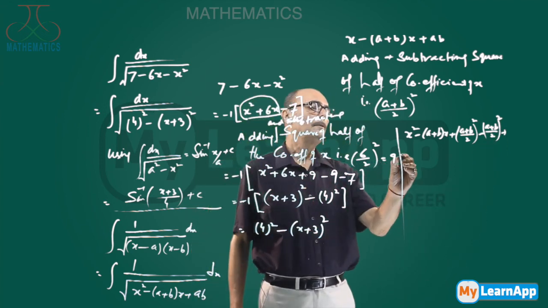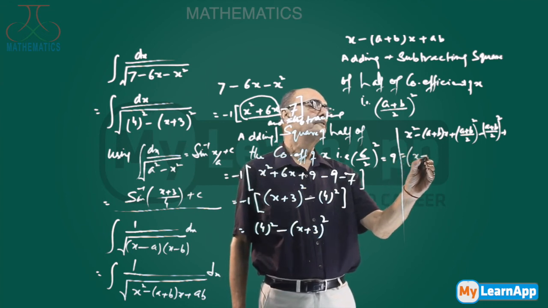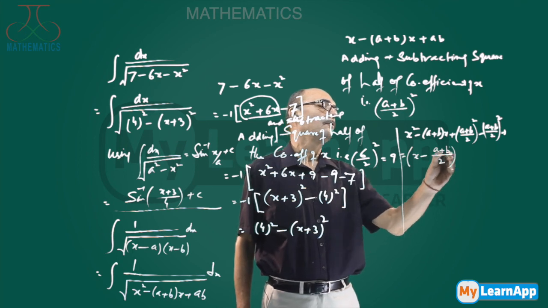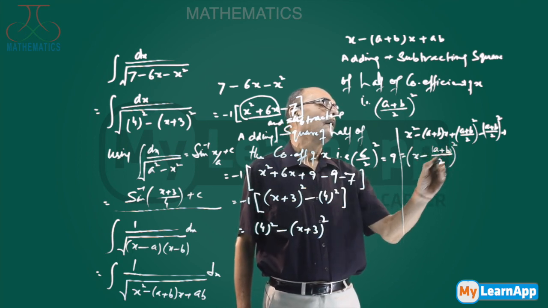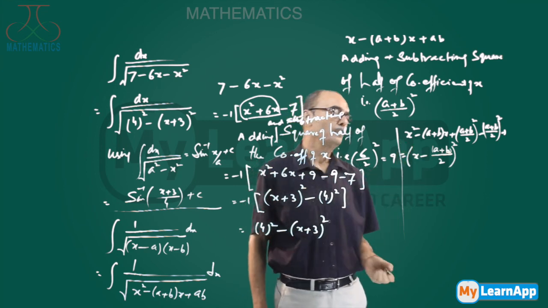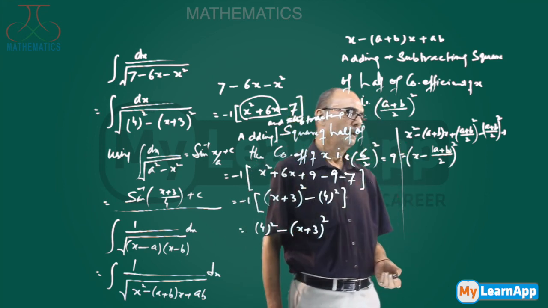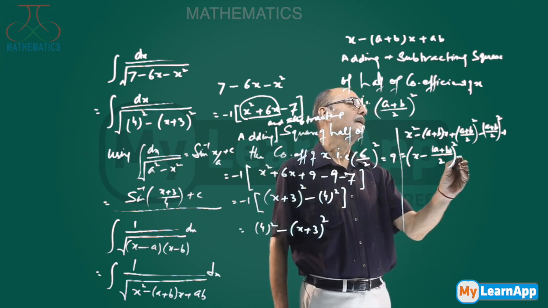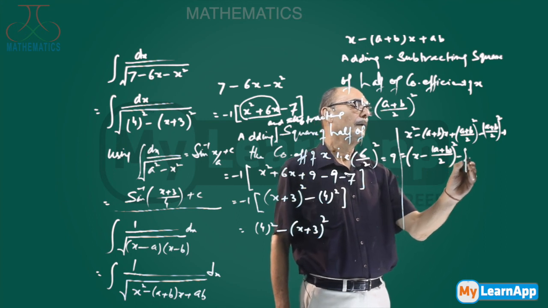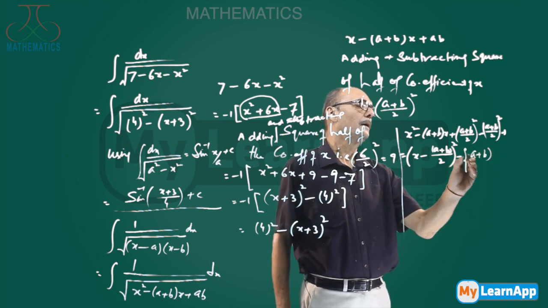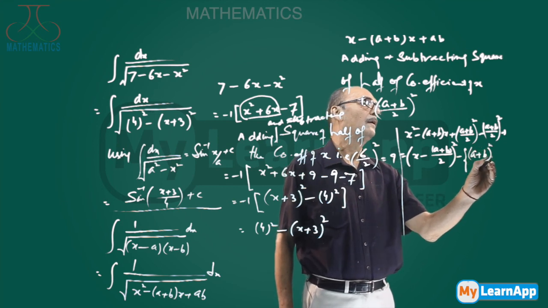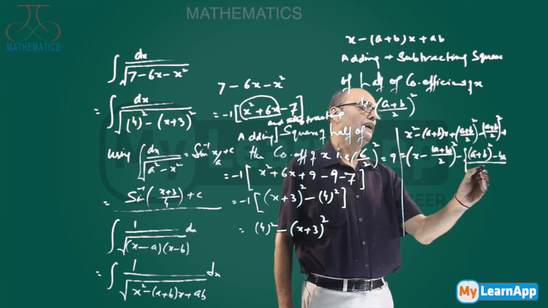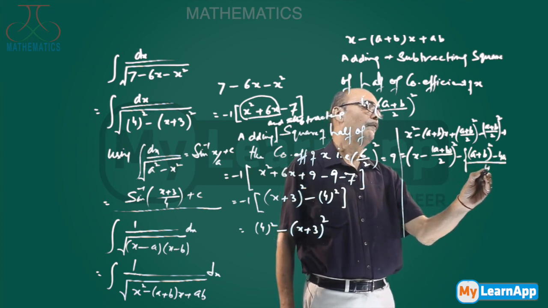So, this is equal to x minus a plus b by 2 square of this. This will give you x square minus 2ab plus b square. Minus this is a plus b square minus 4ab divided by 4.